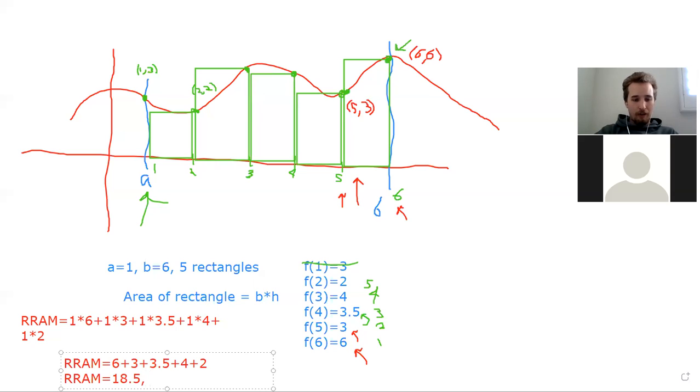Note our LRAM was, I think, 15 and a half. So it's funny how for the same curve, we can get different area approximations. And I just made up this function, so who knows what the actual area under this function is. I just made up points.